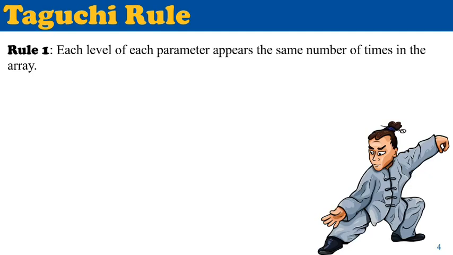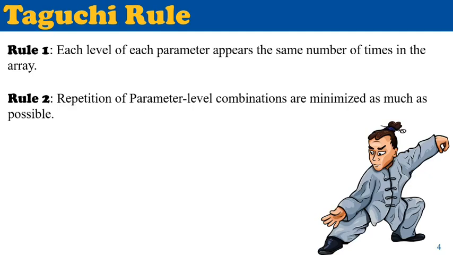And we're going to talk about what we mean by that. And then there is only a second rule, so two rules for the Taguchi method. Rule 2 is repetition of parameter level combinations is minimized as much as possible so that the number of tests is minimized.